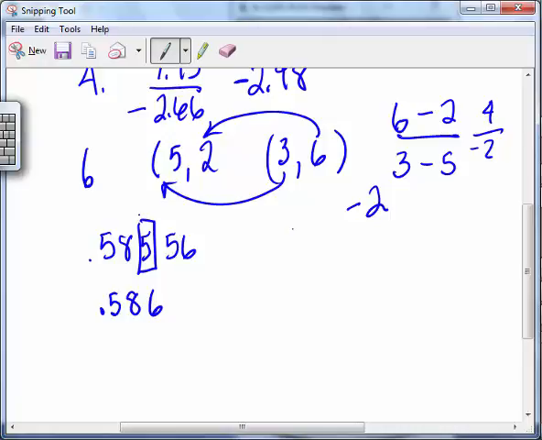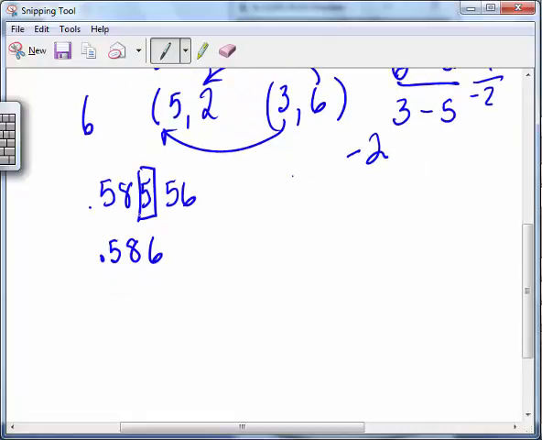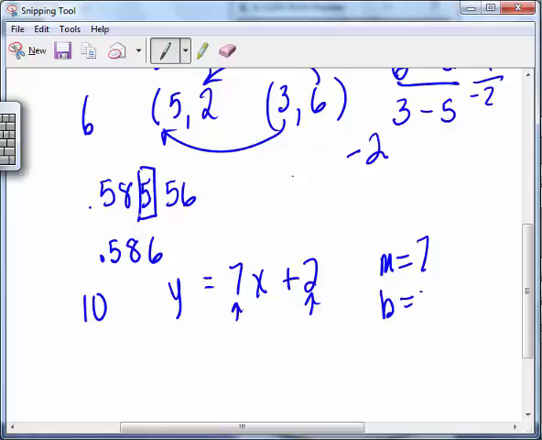Number 10 is actually pretty easy. Y equals 7x plus 2. This is the slope, so we would write m is 7, and this is the intercept. B is positive 2.